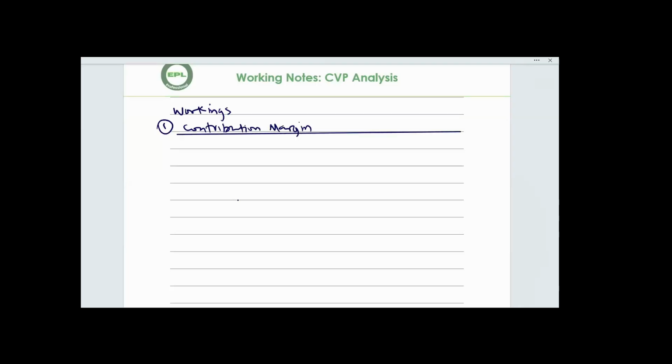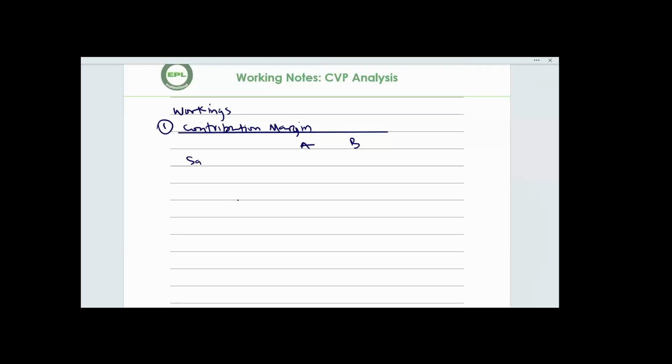So there are 2 products, product A, product B, right? Then, this is too long. Let me reduce it. So to get the contribution, you are supposed to less the variable cost from the sales value.